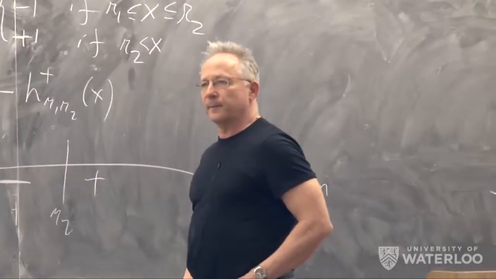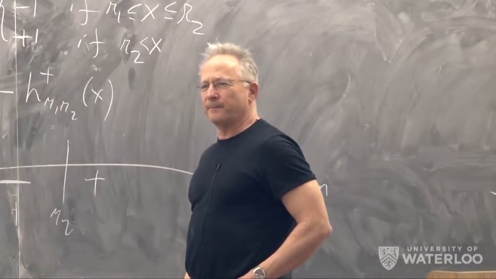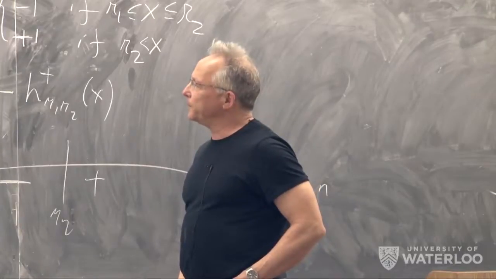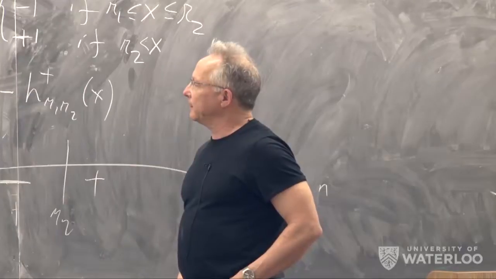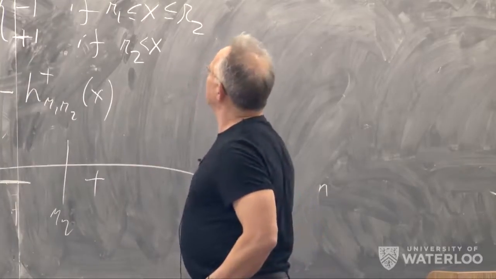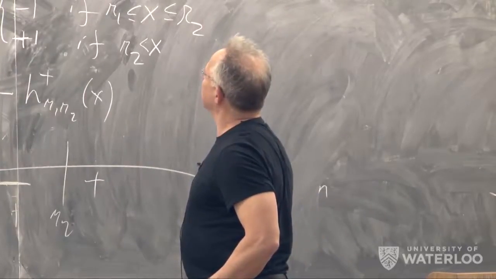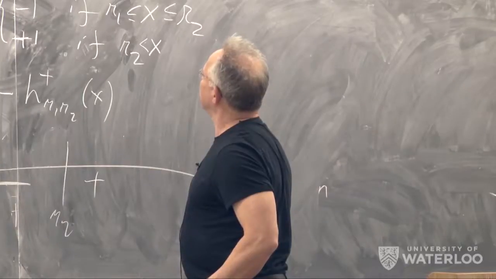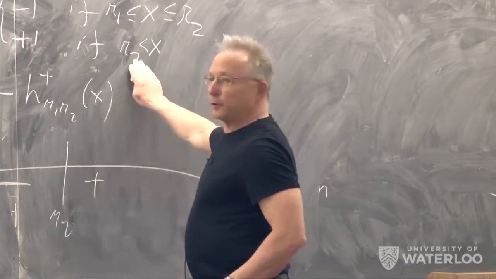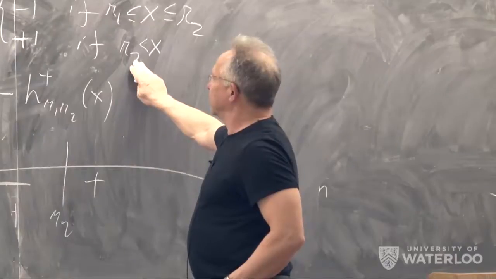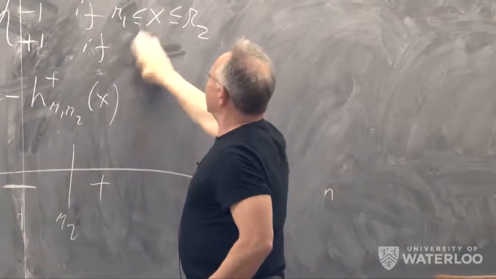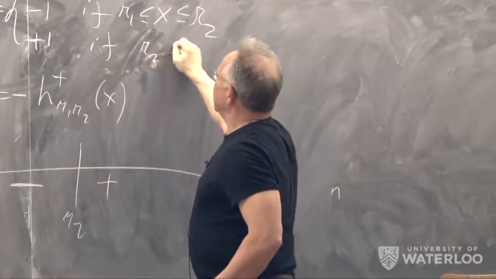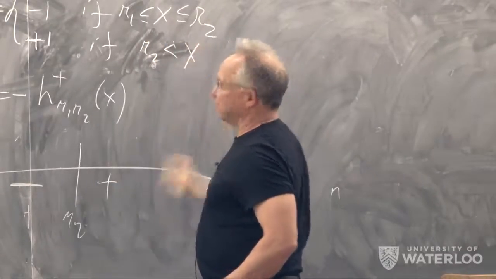Yes? In the very last line of the h plus, shouldn't it be R greater than R2 greater than x? Sorry, never mind. I can't read. Ah, you just cannot read what I wrote? What I'm saying here is R2 is less than x.